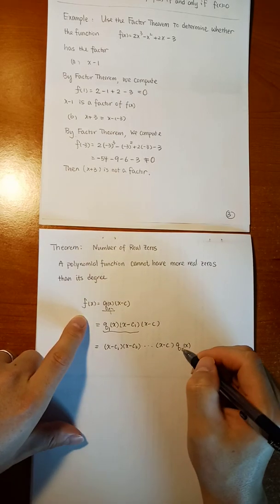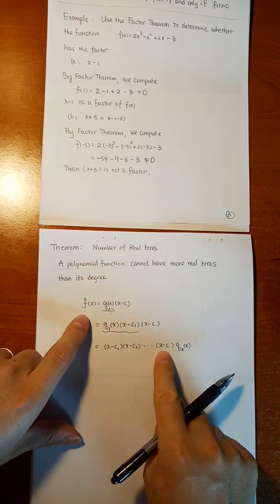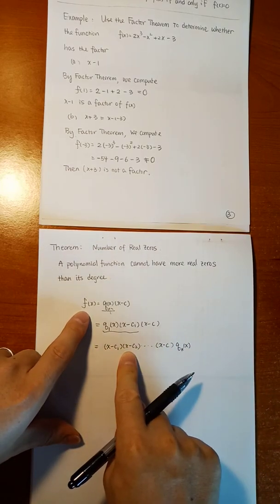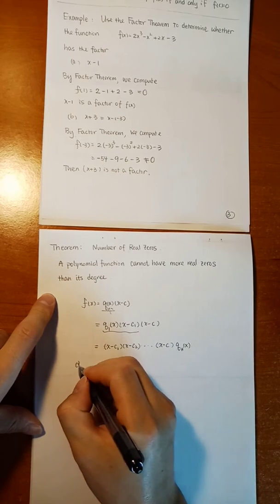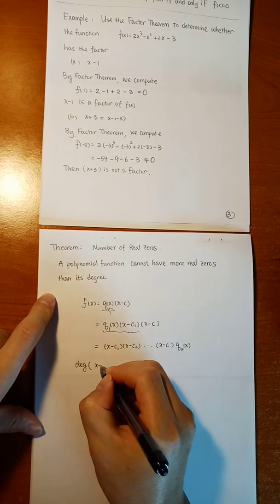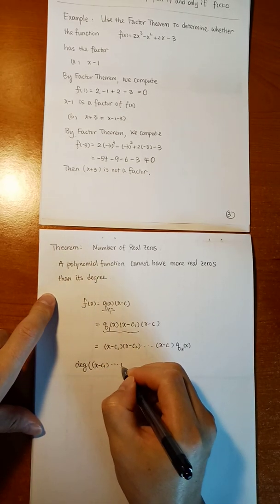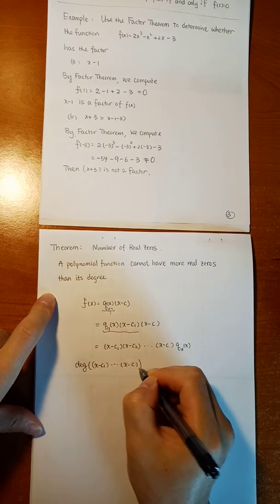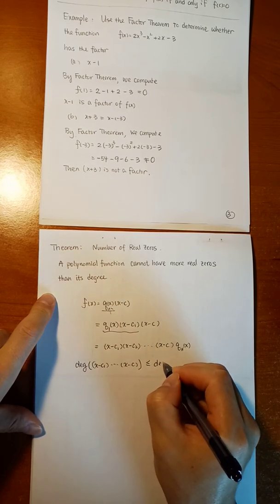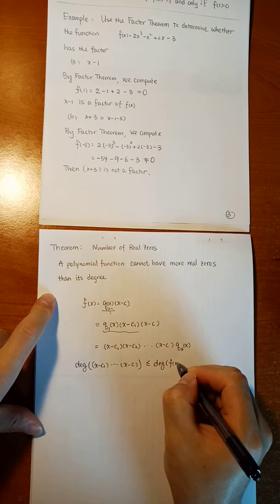Each of them has degree 1, so the sum is at most the degree with another polynomial, which you cannot find the solutions for, and this degree should be less than or equal to the degree of f(x).